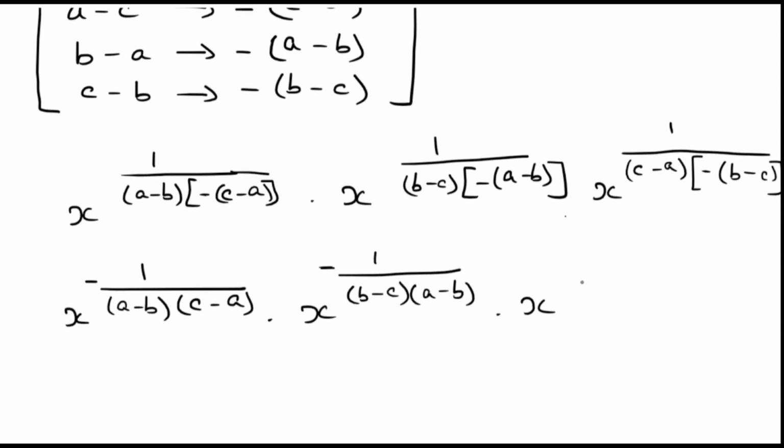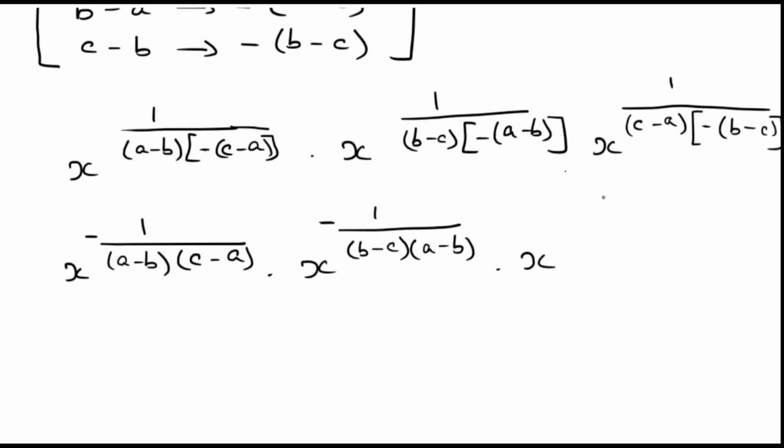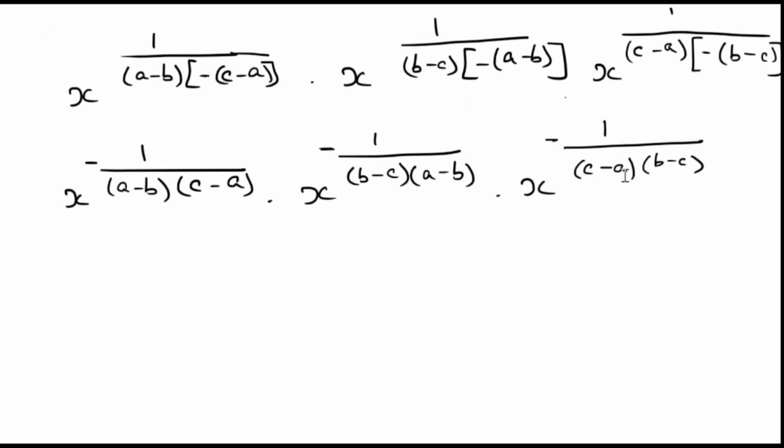Into x to the power 1 divided by (c minus a) into (b minus c), and minus, I'm taking it here. Now all the bases are same. We have x here. So I'm taking the common base as x and I'm adding the powers.